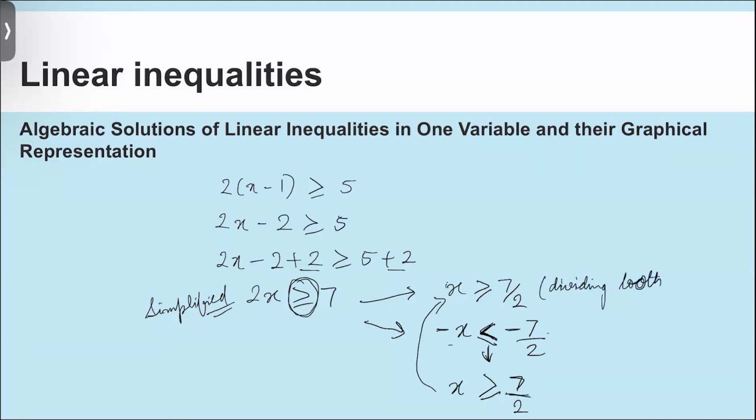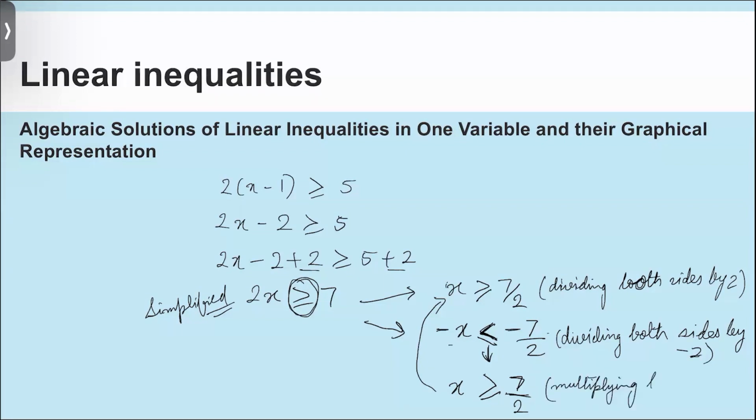Over here, we got this by dividing both sides by minus 2, and then multiplying both sides by minus 1.